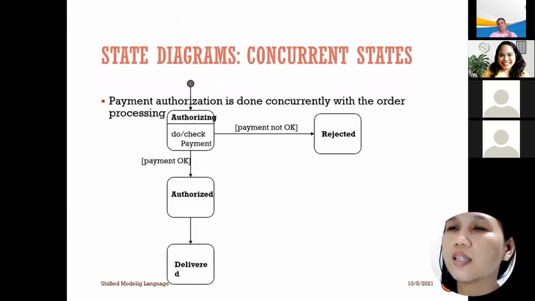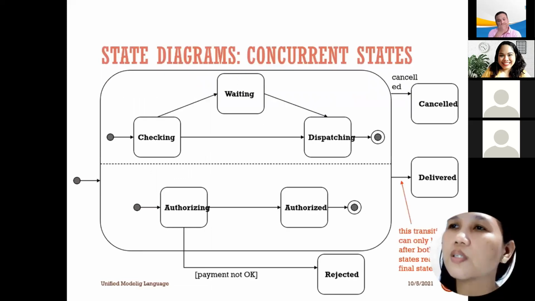State diagram in a concurrent state. Payment authorization is done concurrently with the order processing. So we have to authorize, in our diagram, authorizing, do, or check payment. If payment is not okay, then it will be rejected. If it's authorized, then it will be delivered. This is the concurrent state diagram.